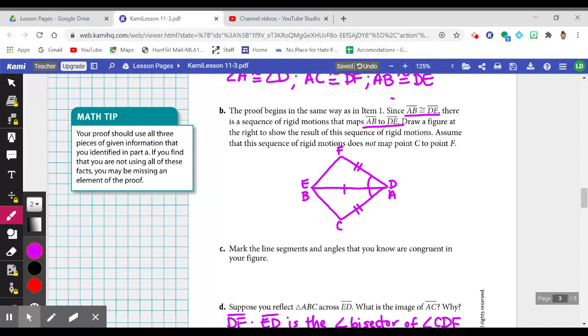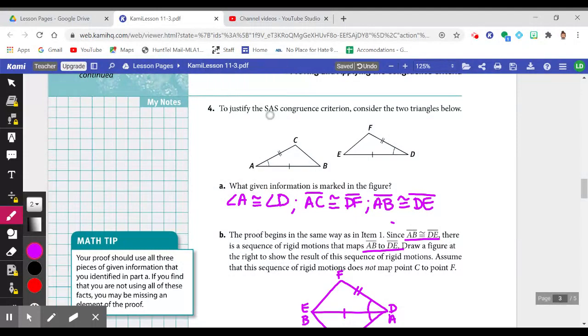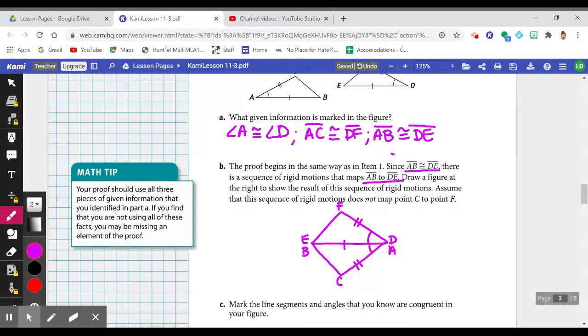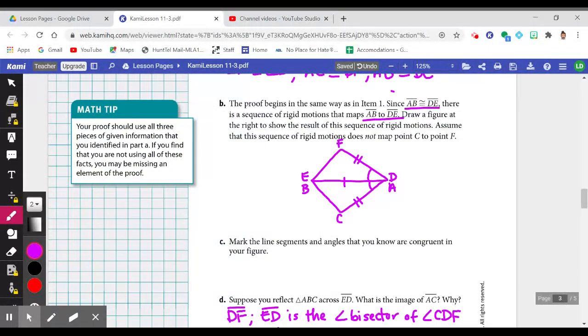B says the proof begins in the same way as in item 1, and not to confuse you here, but we're using the same idea of rigid motions to map one triangle onto the other to show that these shortcuts really do work. And again, it all hinges on the second definition of congruent. They're really highlighting the fact that line segment AB is congruent to DE.